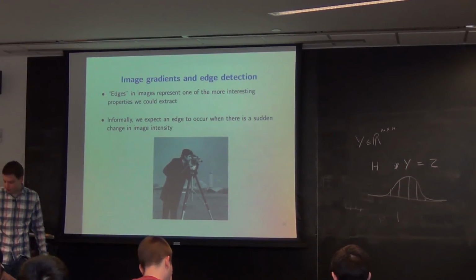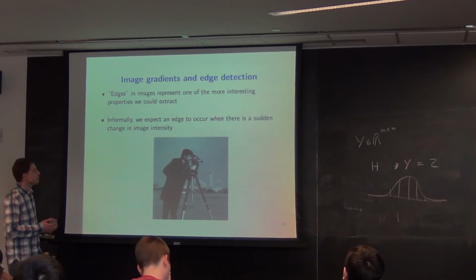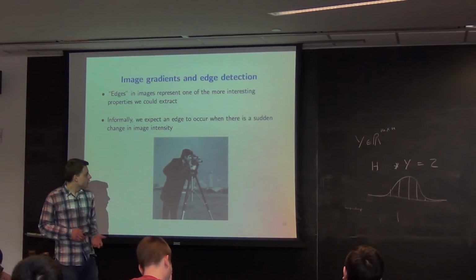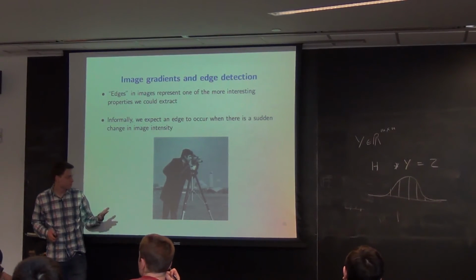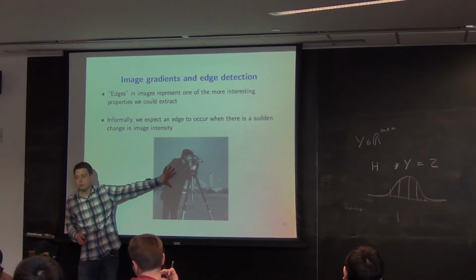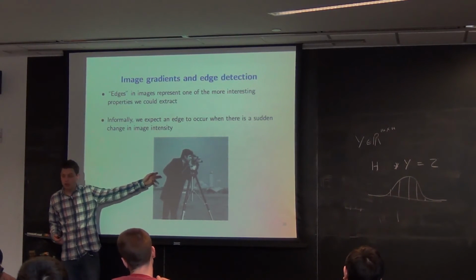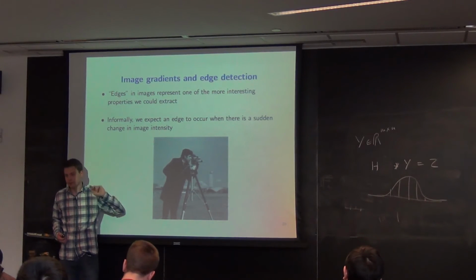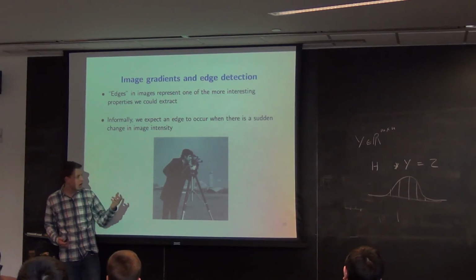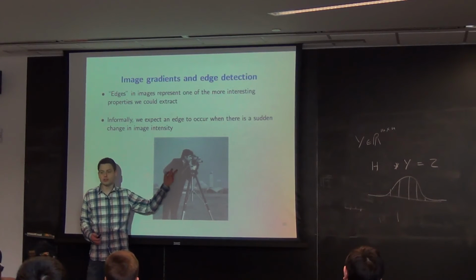Now, the motivation here is that edges in an image represent one of the more important characteristics we could think of in this image. If you look at this image, how do you know what's going on in there? It's probably not because you could read this guy's coat and figure out what was going on.